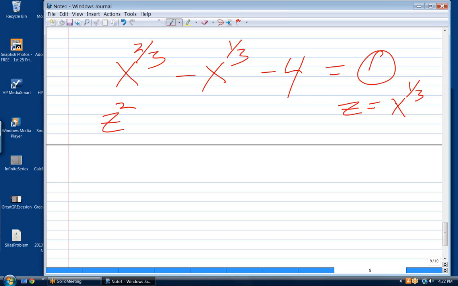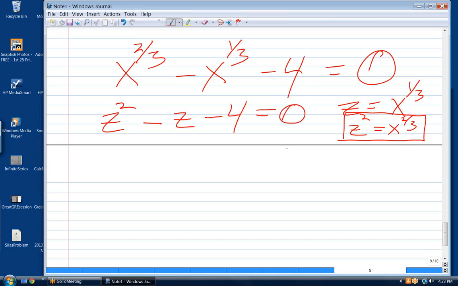Notice that Z squared is X to the 2/3. X to the 1/3 times X to the 1/3 is X to the 2/3. So, in other words, if I square both sides, I get X to the 2/3. So that's where we get Z squared from. Okay? Minus Z minus 4 equals 0.